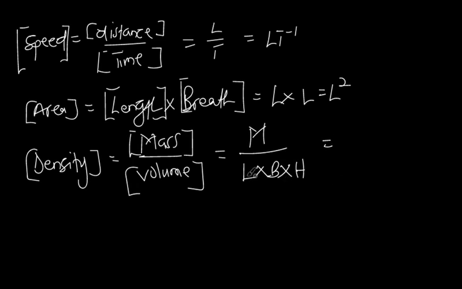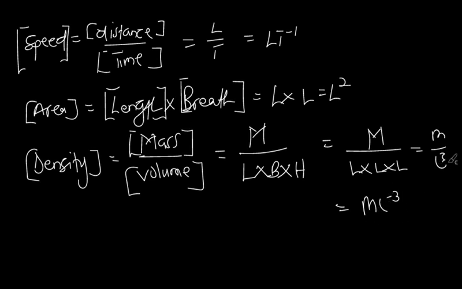So instead of length times breadth times height, we have length times length times length, because they are all lengths. Then we have M at the top, and the denominator is L cubed. When this comes to the top, it becomes negative, so we have ML minus 3. So this is the dimensional equation for density.